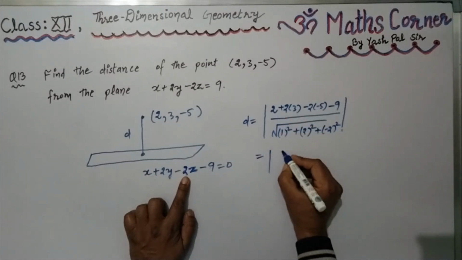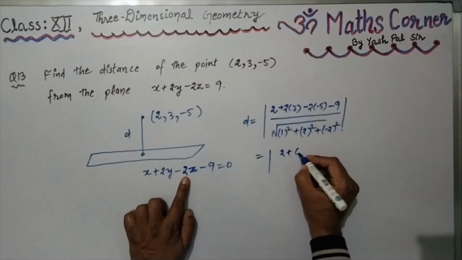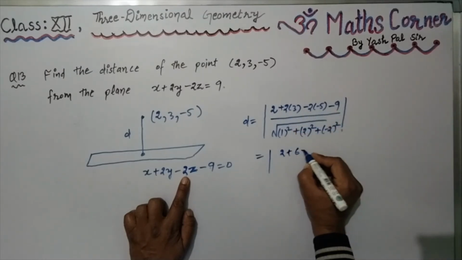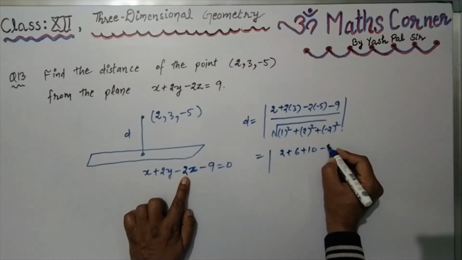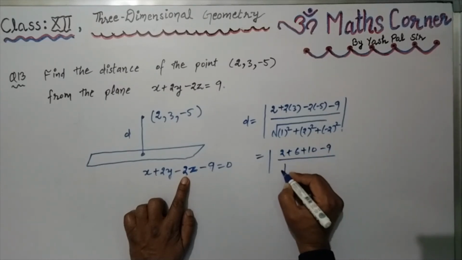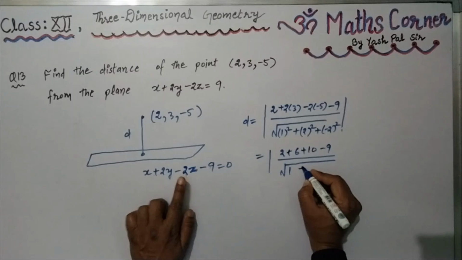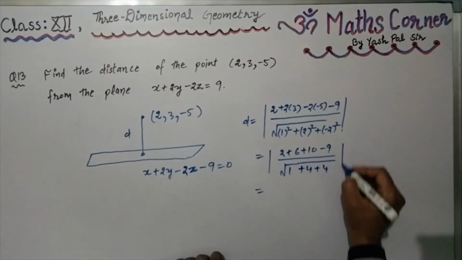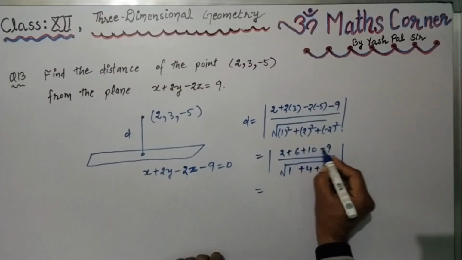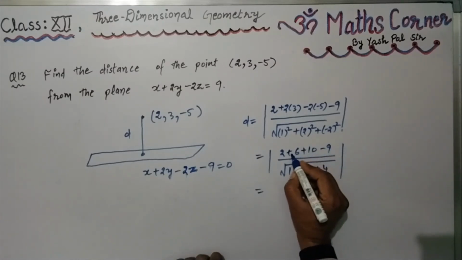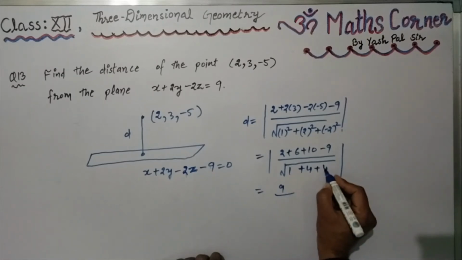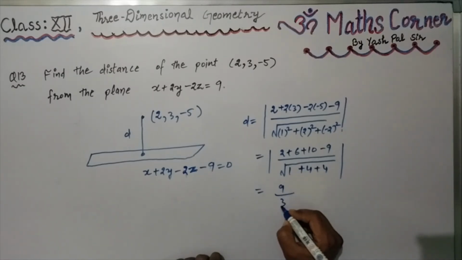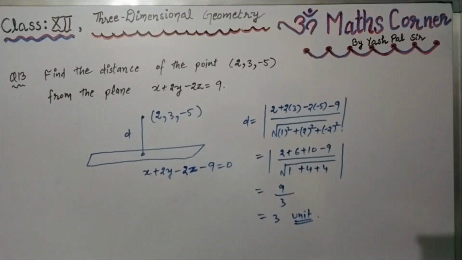So distance becomes 2 plus 2 into 3, 6, minus 2 into minus 5, plus 10, minus 9, divide square root of 1 plus 4 plus 4, this is equal to 2 plus 6 plus 10 minus 9 is 9, upon square root of 9 which is 3, is equal to 3 units. So this is the required distance.